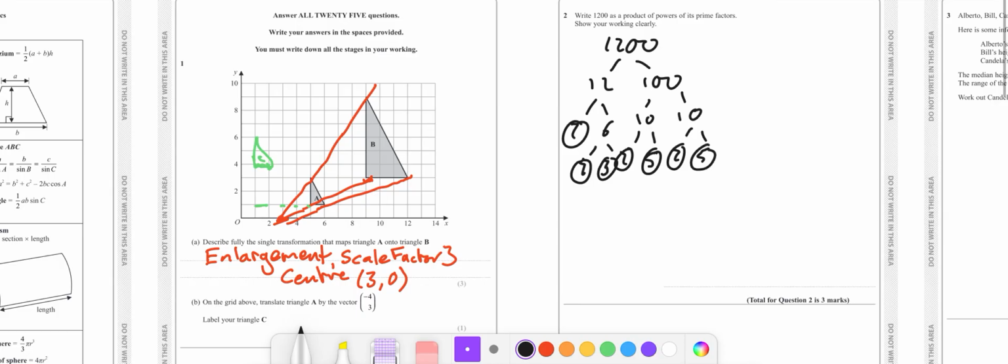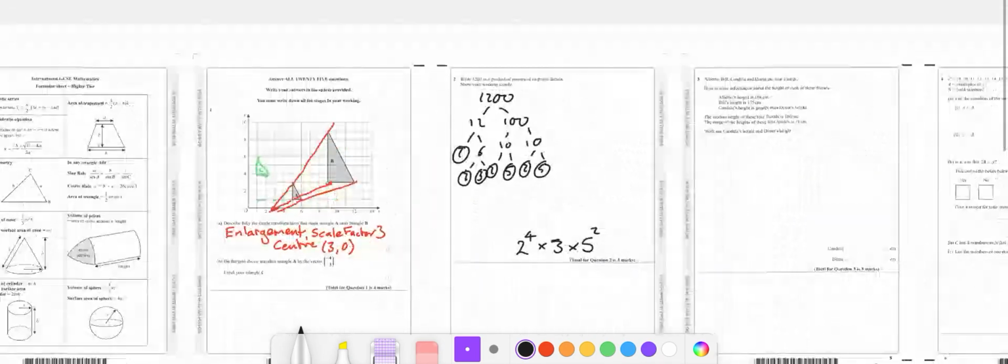You can do it in any order you like. So this is then 2 to the power 4 times 3 times 5 squared. And you can just check on your calculator that gives the right answer.